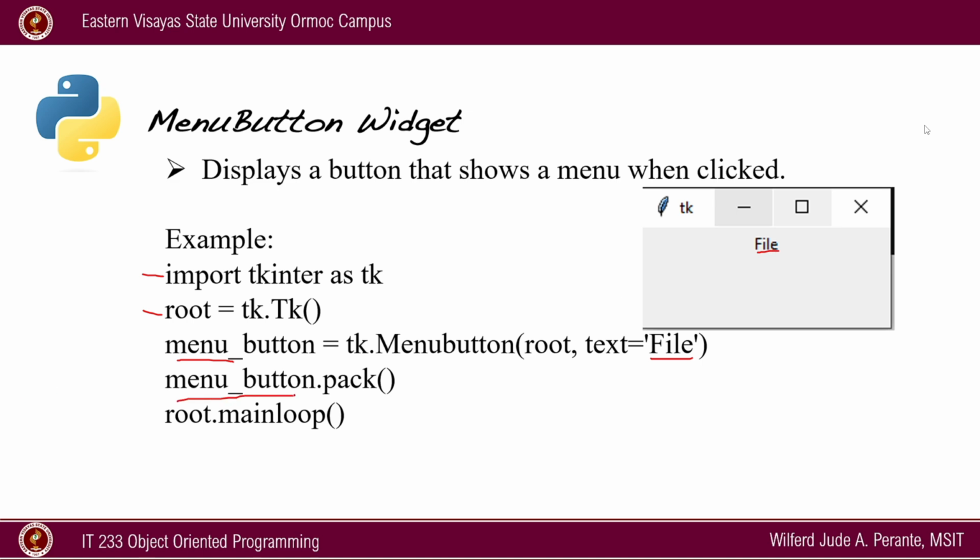So the menu pack is to make it visible in our window, and now the root main loop is keeping the main window open until manually closed. Okay, so the menu widget is useful for implementing the drop-down style menus for features like file, edit or help. So in a TKinter GUI.